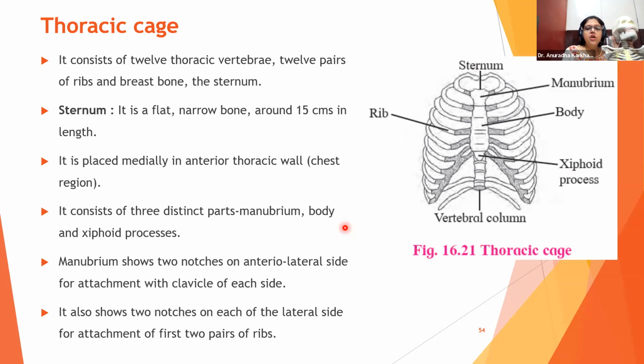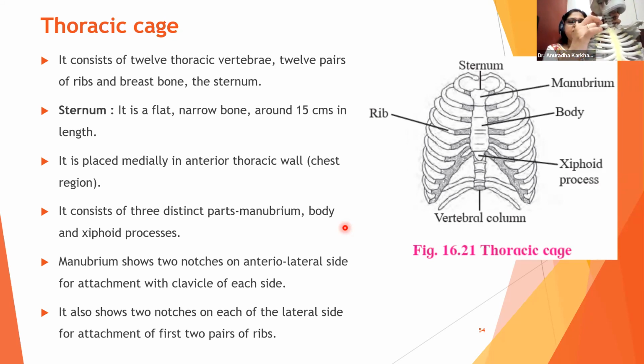It also shows two notches on each side of the lateral side for the attachment of the two pairs of ribs. So यहाँ से ऊपर की तरफ से ये जो है ये अपना clavicle attached है, और इसी को नीचे की तरफ से, can you see where my finger is placed now? I'm moving my finger. At this end it's going to be the rib which is attached.